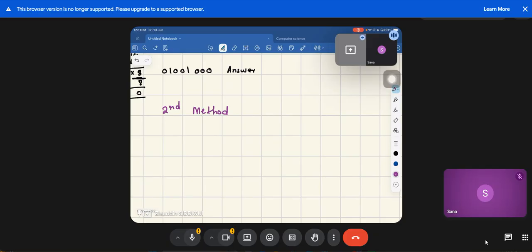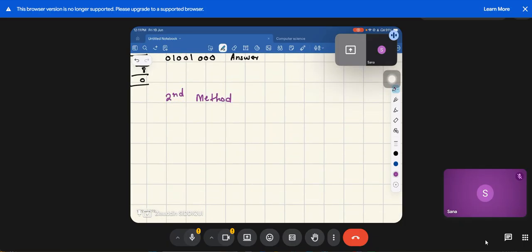Most of the time, the papers never mention both methods, so you can choose whichever method you think is easier. What I recommend is that when you have a longer value, always try to use the second method.